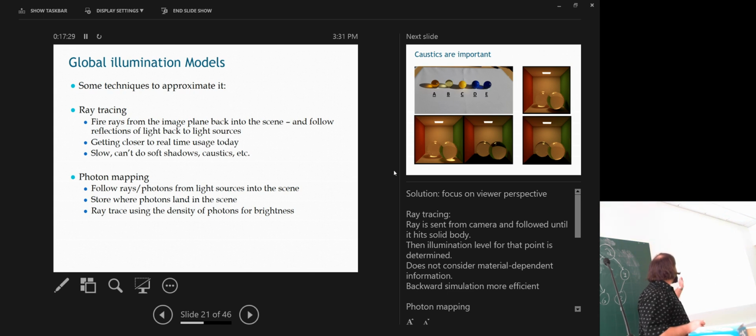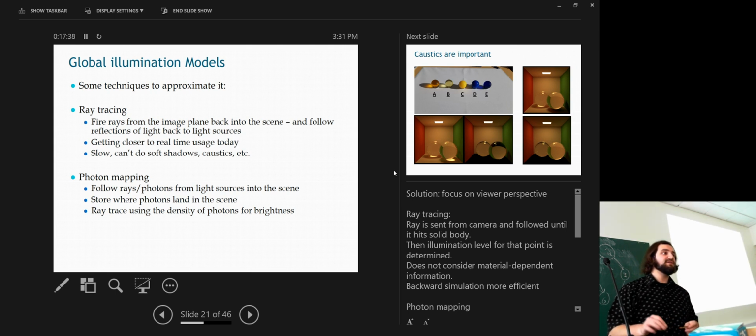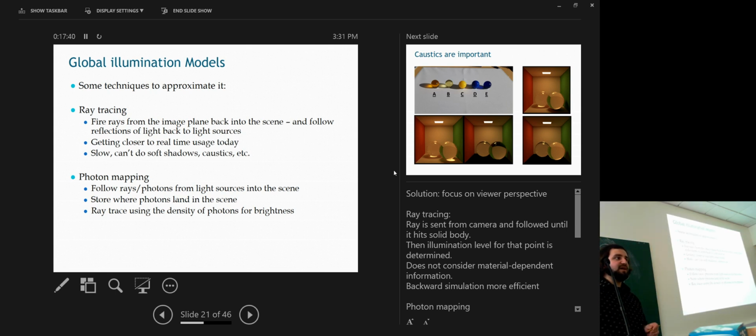Photon mapping is the other way around, as we have said. Would you like to say? So photon mapping is a two-level process. On the first level, we start from the emitter, from the light source. We bounce photons toward the object.